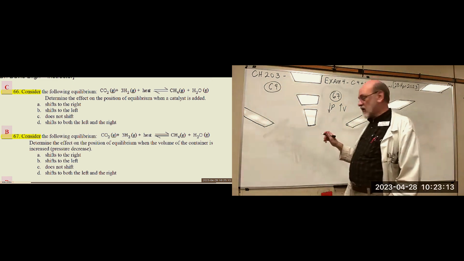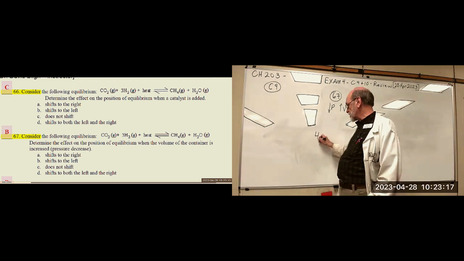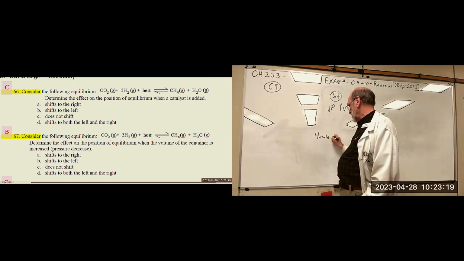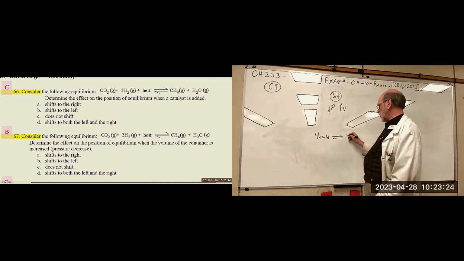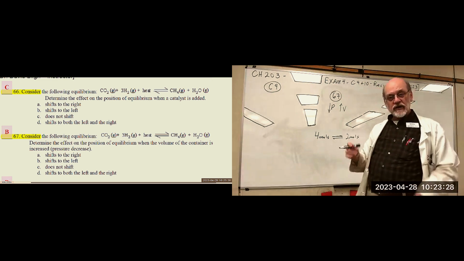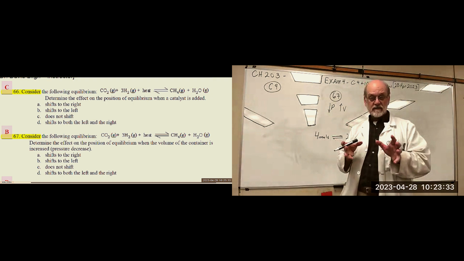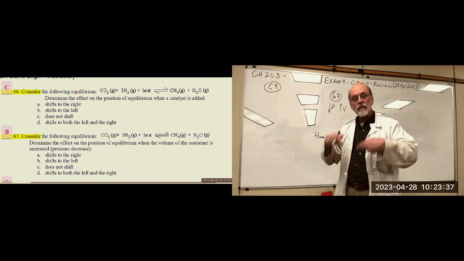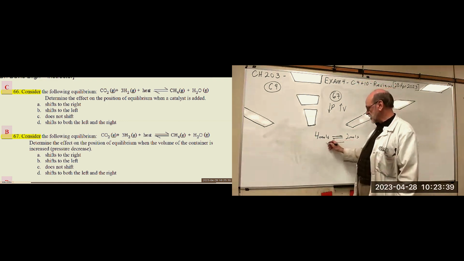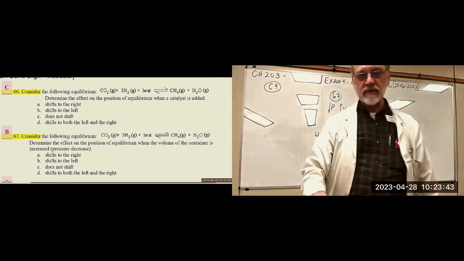The product side has a total of 4 moles of gas, and that's in equilibrium with 2 moles. If we decrease the pressure, if we expand the volume, then in order to compensate, the reaction is going to try to make more gas molecules, more moles of gas. It will shift to the left. So B is the answer.